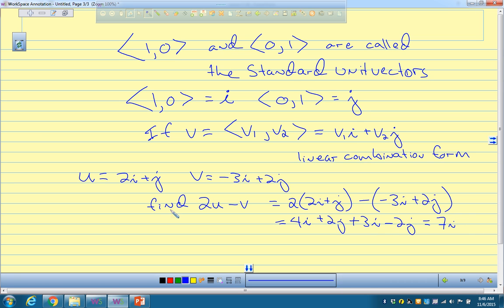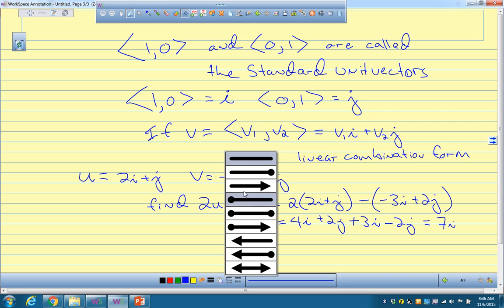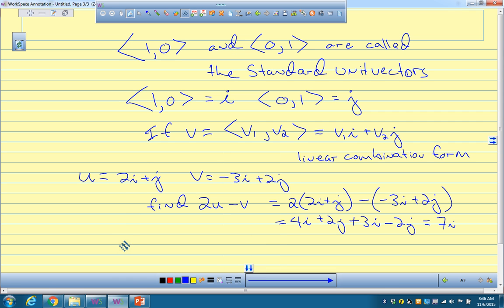So what does that mean? If I take two vectors that go over 2 and up 1, let's just pretend these are them. Over 2 and up 1. There's another that's over 2 and up 1.